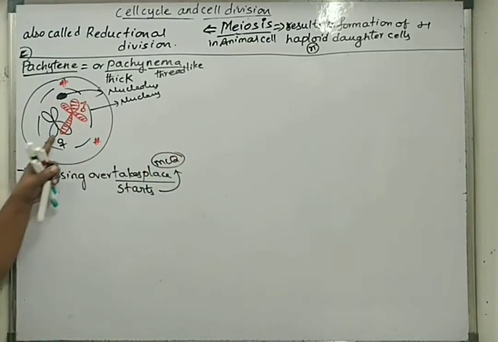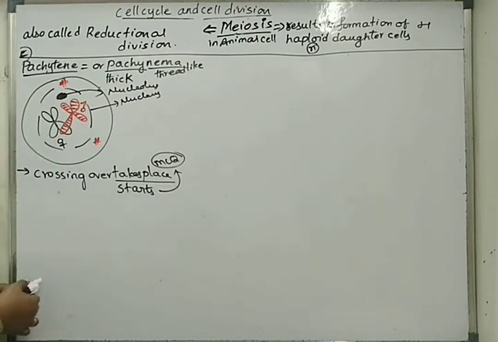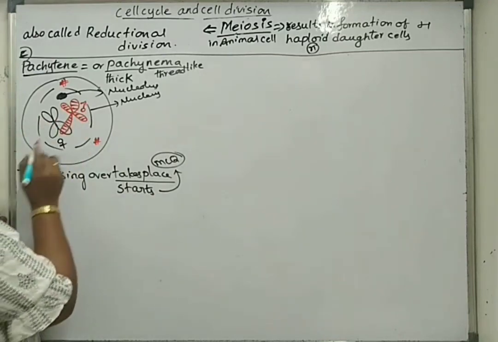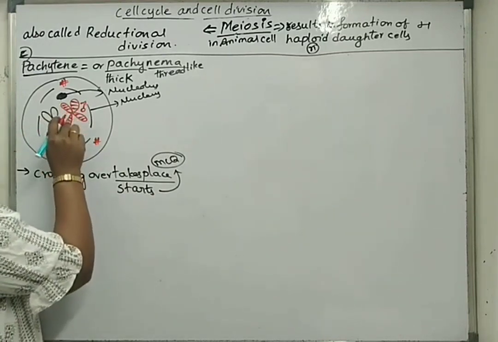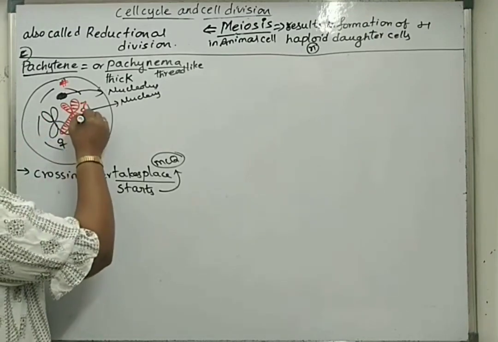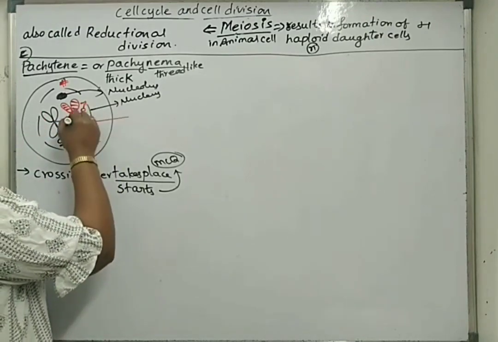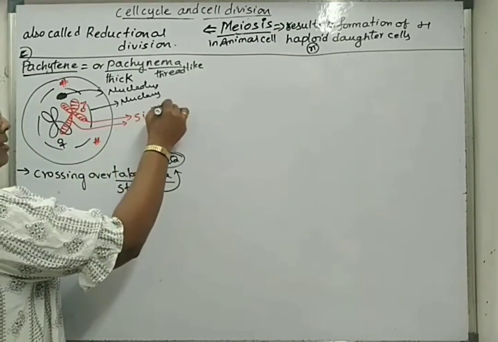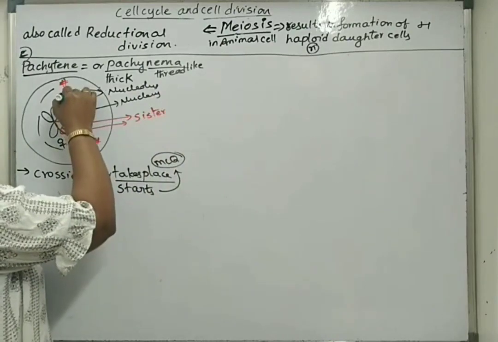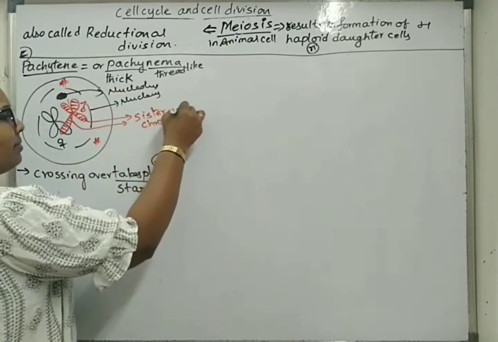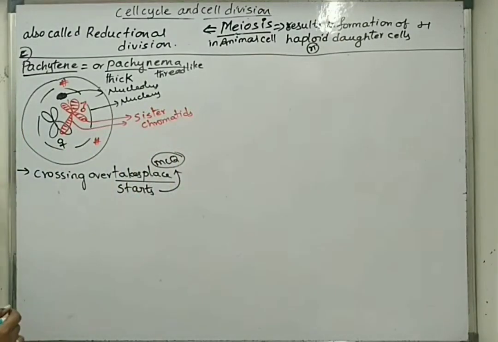So between what types of structures does this crossing over happen? If this is one chromosome and this is the other chromosome, here this arm is there and this arm of the other chromosome is there. These two red ones are said to be sister chromatids, or sister arms.